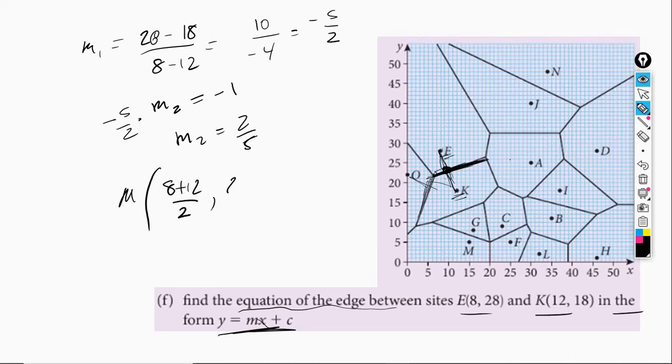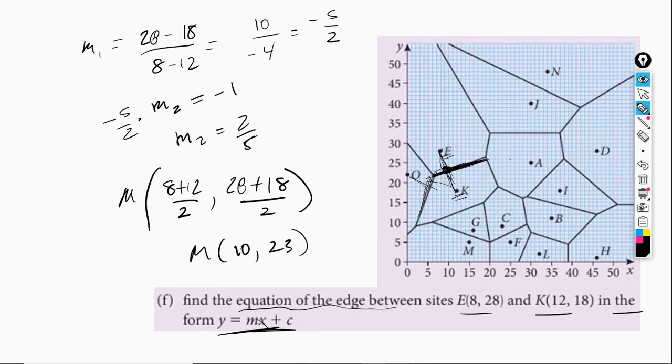And the other one would be 28 plus 18 divided by 2. And therefore, the midpoint is going to be 20 divided by 2, 10, and 46 divided by 2, 23. So 10 comma 23 is the midpoint. And we can see that that's probably right. This is 10 here and 23 on the y-axis.